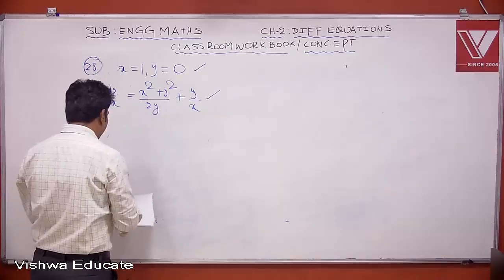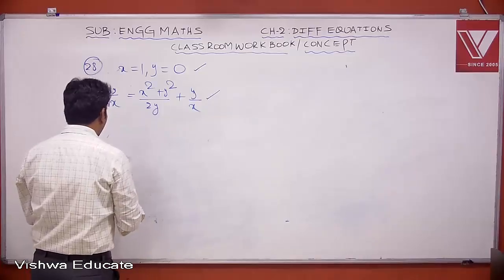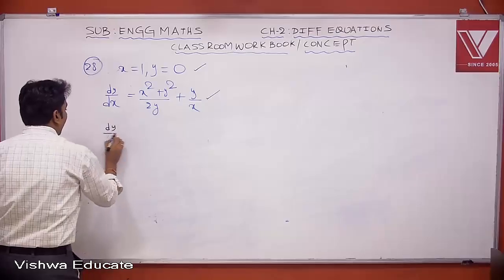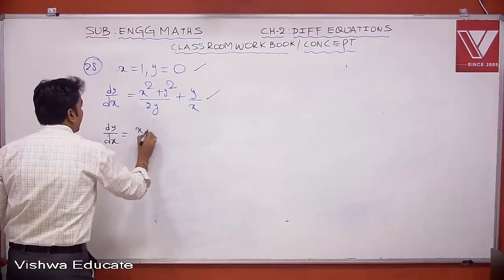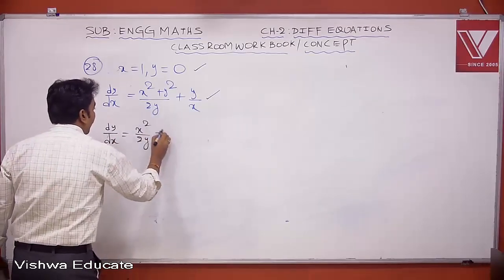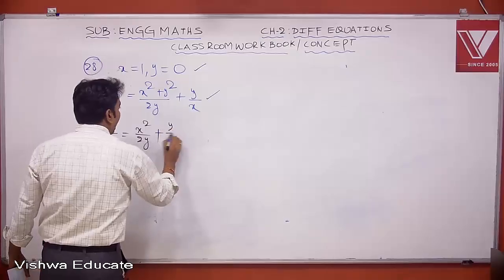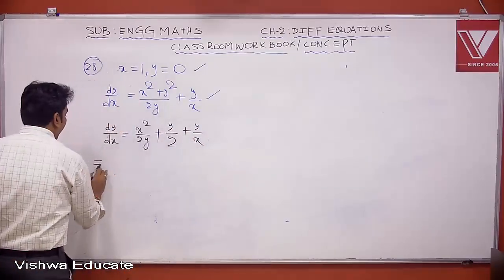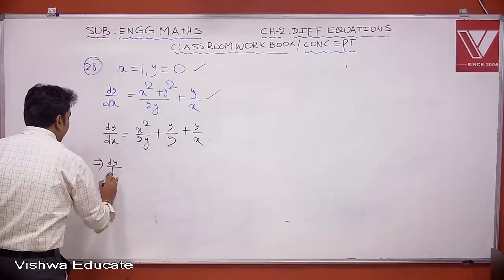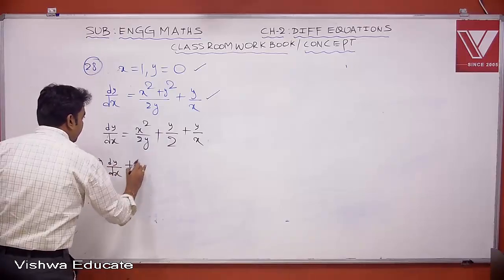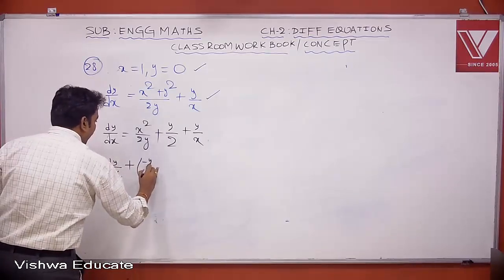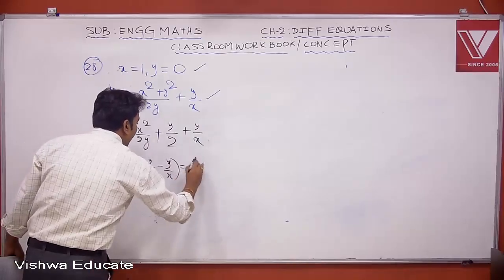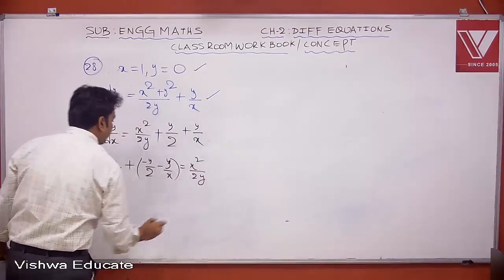Now here the equation is this. Let us try to manipulate this equation like this. Here dy by dx equal to x square by 2y plus y by 2 plus y by x. So this implies dy by dx minus y by 2 minus y by x equal to x square divided by 2y.